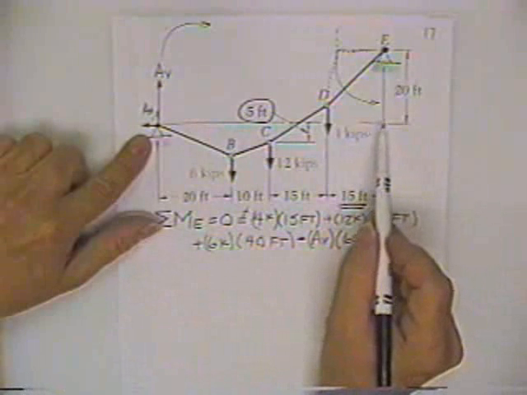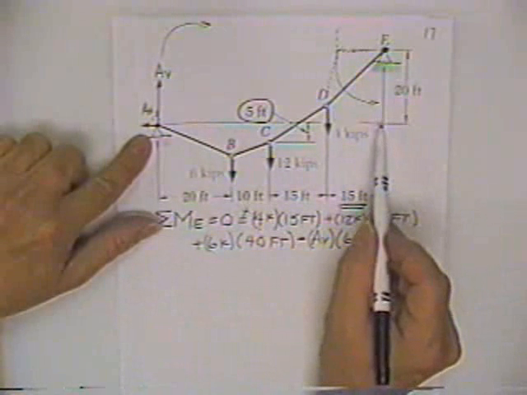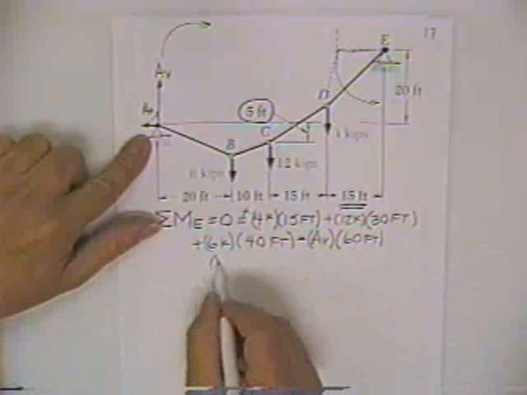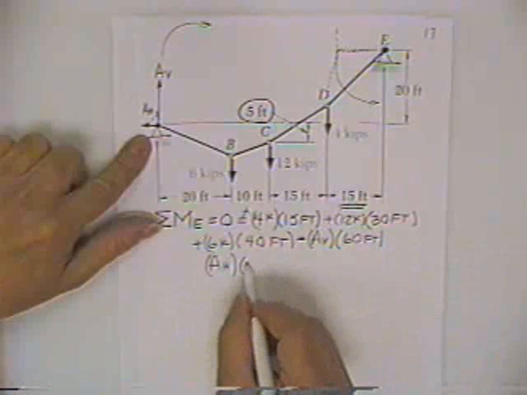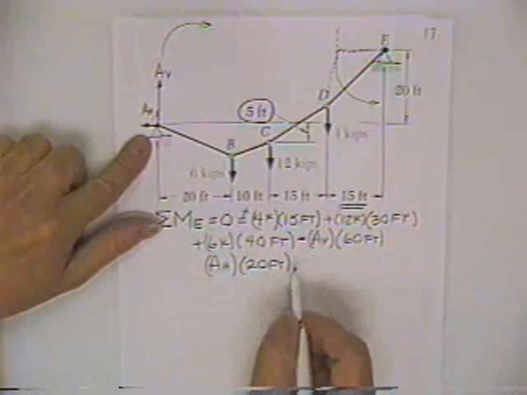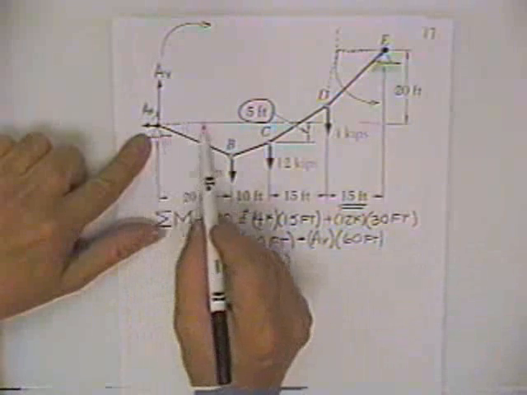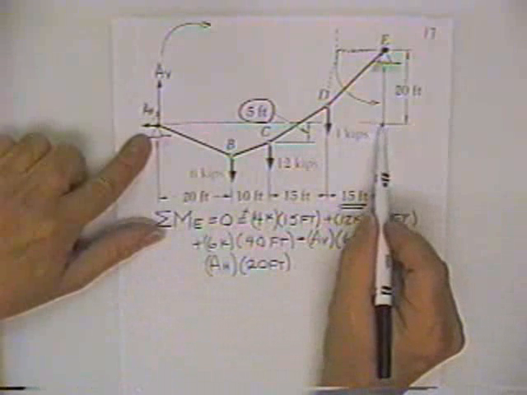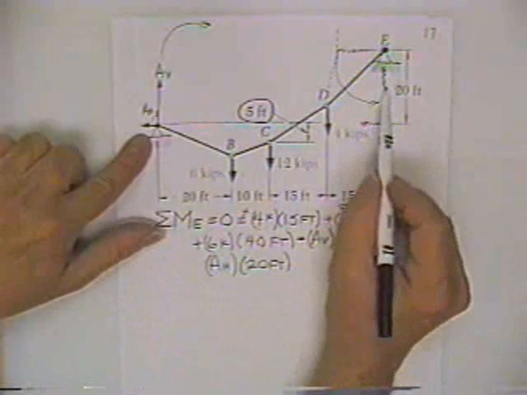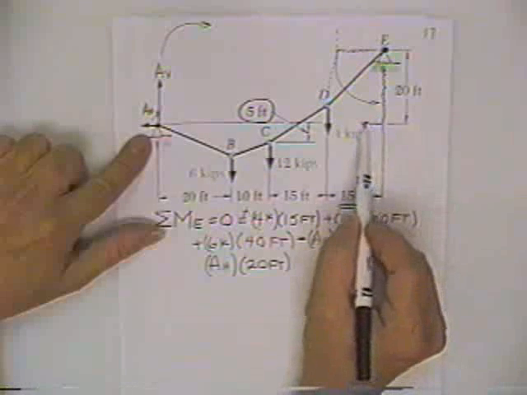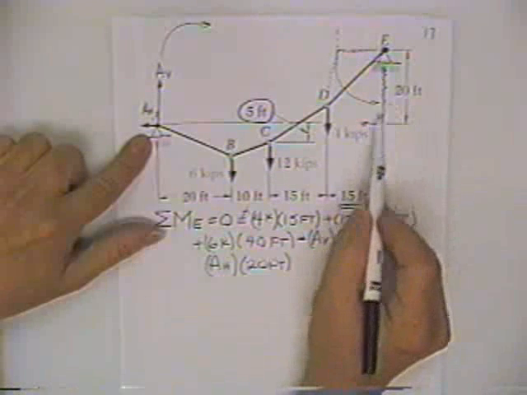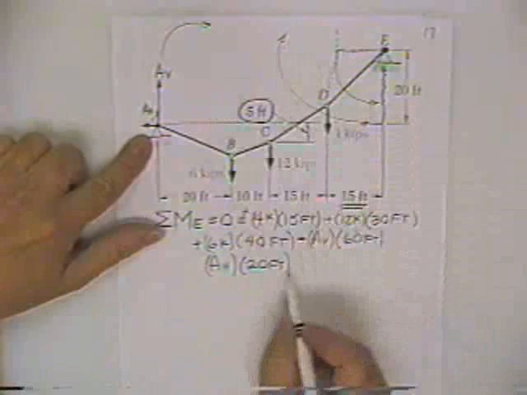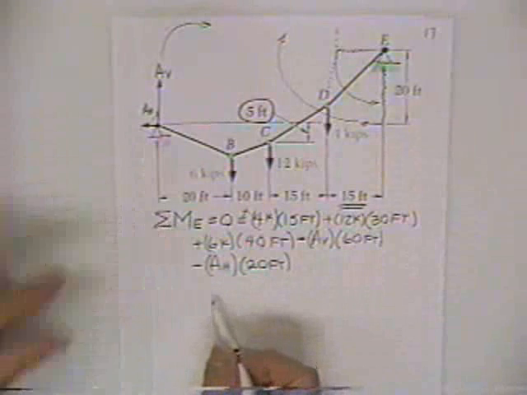That's just right. Can't get any closer than that. Your moment arm is 20 feet. So A horizontal times a 20-foot moment arm, and his tendency to roll, drag him back here, stop right there, put him on the page and tie a piece of string to him. If he gets away from you now that the string is attached, he'll roll this way. That is a negative tendency to roll, so you put a minus.